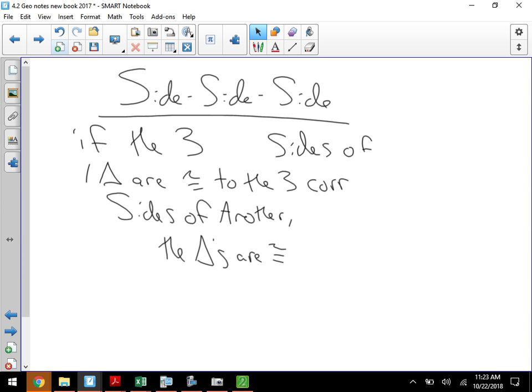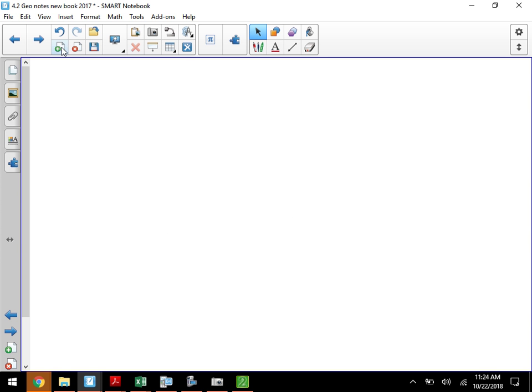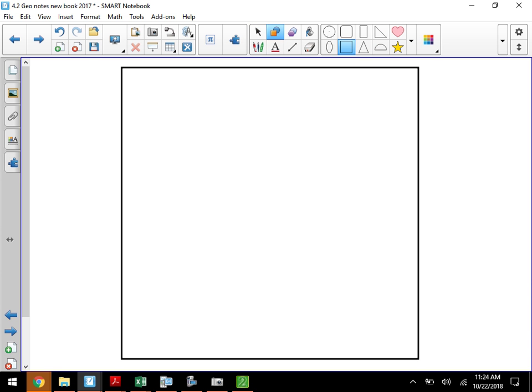One of the ways that we're going to show that triangles are congruent is called side, side, side. It basically means all sets of corresponding sides are congruent. I'll show you what I'll do on the sheet here.